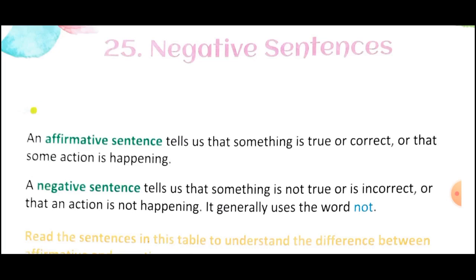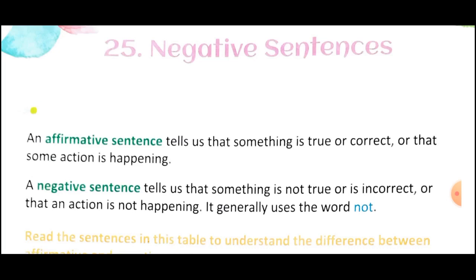So, first of all, let us revise that a sentence is a group of words combined in a proper sequence so that it makes sense, and only if it is meaningful can it be considered a sentence. A sentence begins with a capital letter and ends with punctuation.